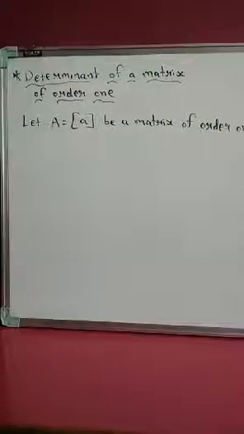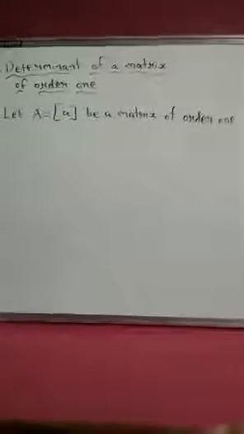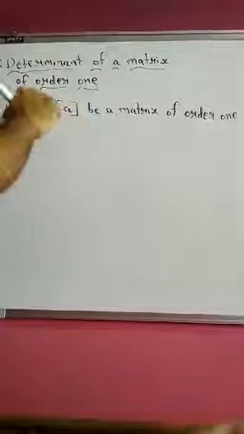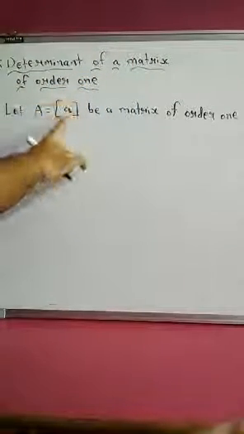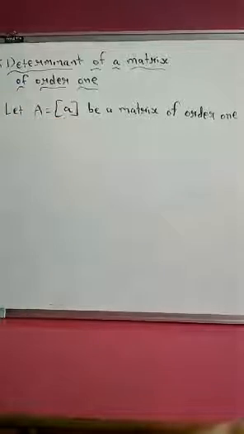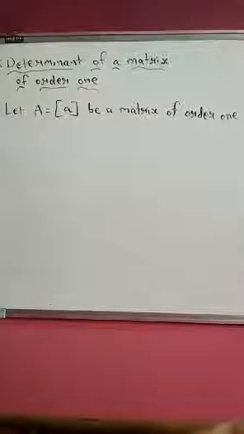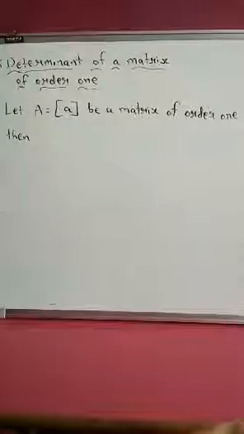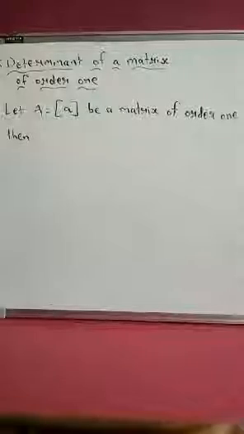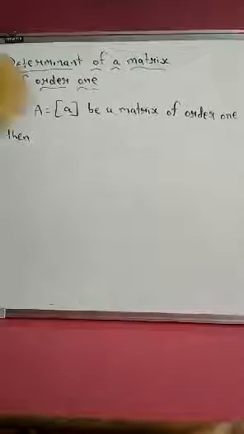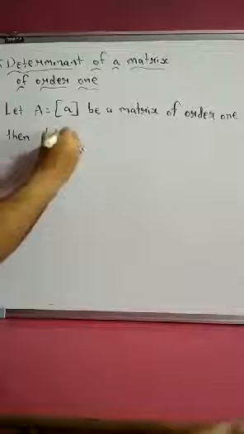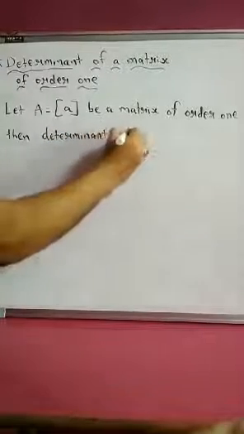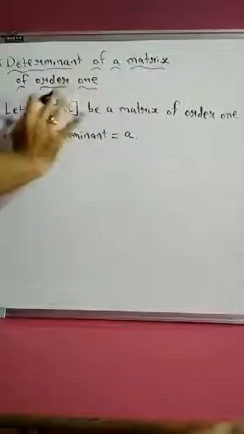Let A be a matrix which is having order 1 and the one element is small a, right? Then if we want to write its determinant, its determinant is a only.